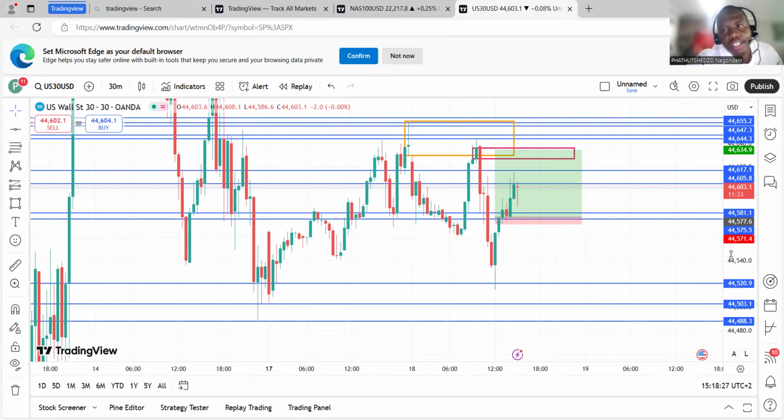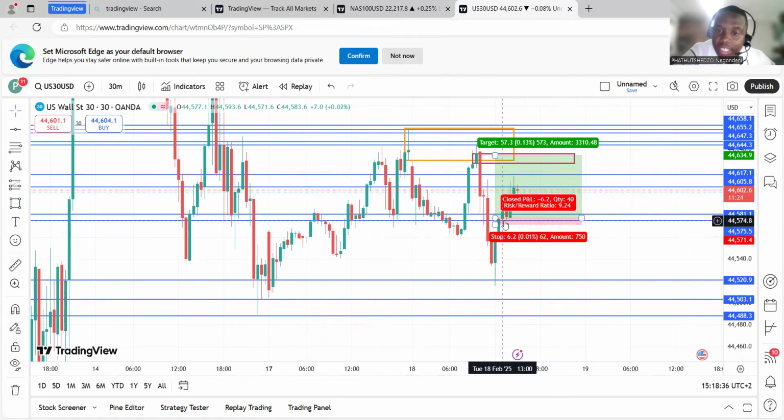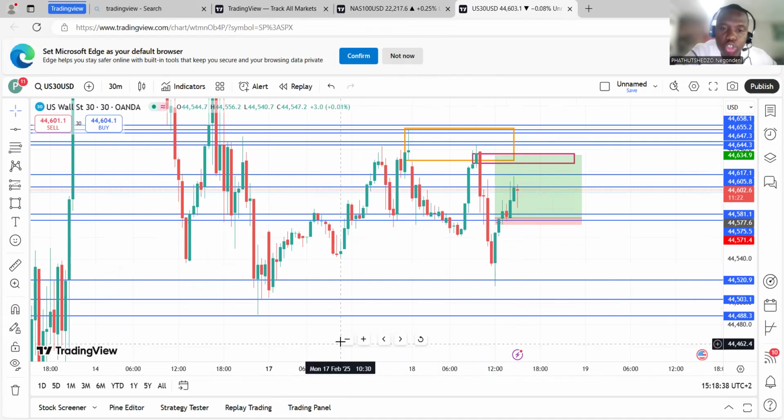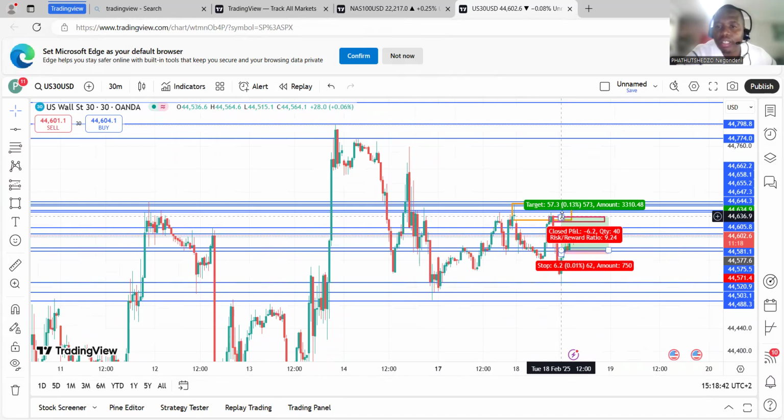I'm expecting this thing to shoot up. And check the risk. So small. And the move that I want, like I said, we are swinging somewhere like this.